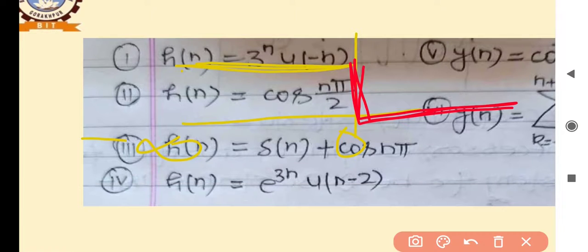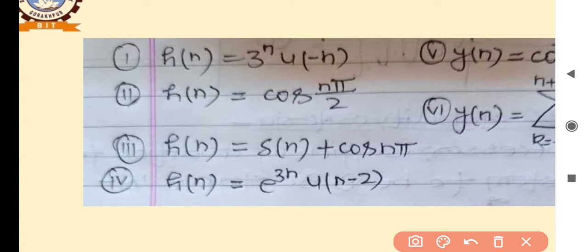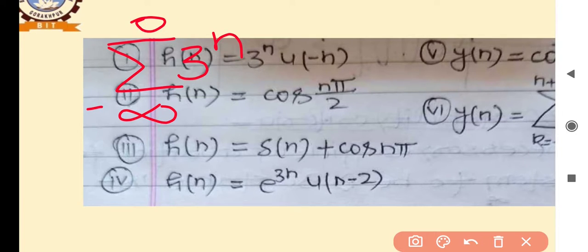Then the formula will become the summation of 3 power n, where n is from minus infinity to 0, with modulus. This summation we have to calculate.